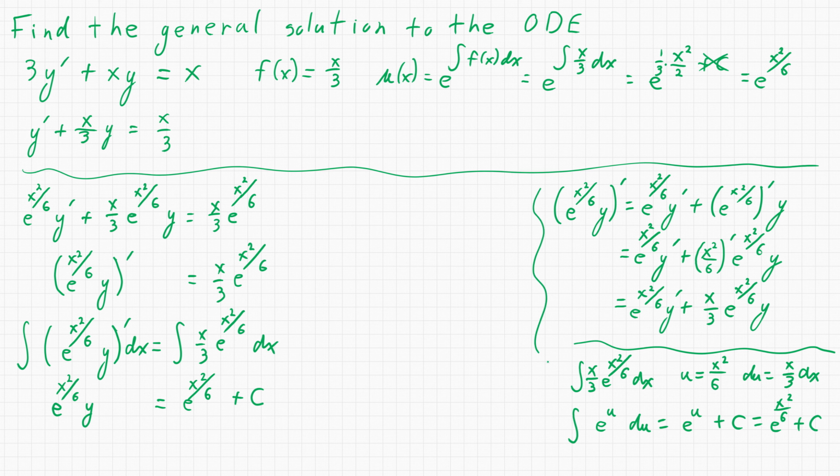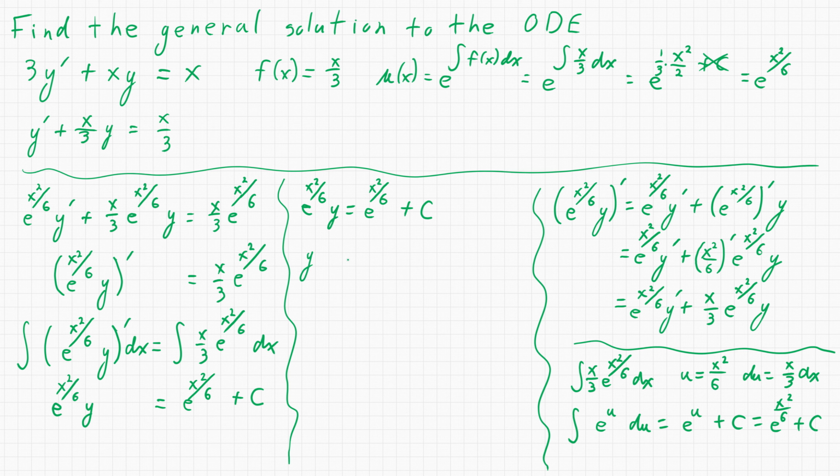All right, and so the final part, we have to solve for y. So we have e to the x squared over 6 times y is equal to e to the x squared over 6 plus the constant of integration. We're going to multiply both sides of the equation by e to the negative x squared over 6 to cancel out the one here.